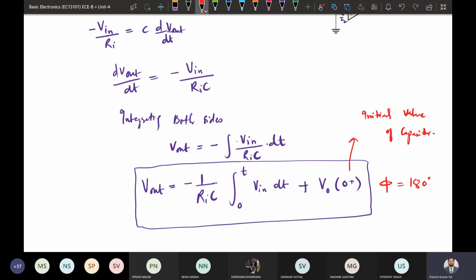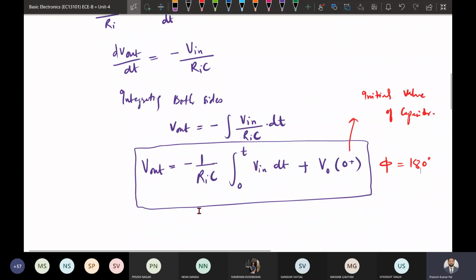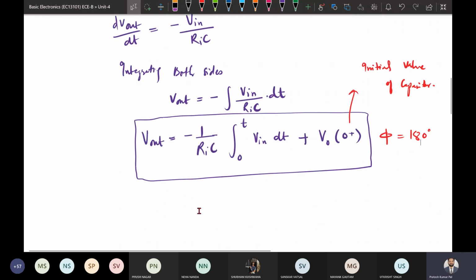That's why it is called an inverting integrator, because it is having a negative sign.